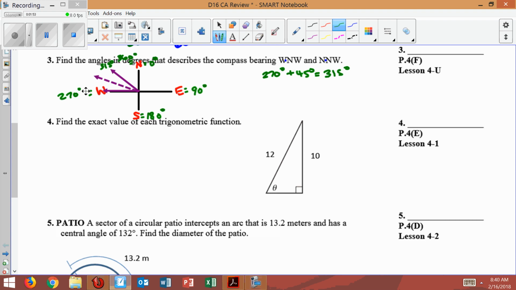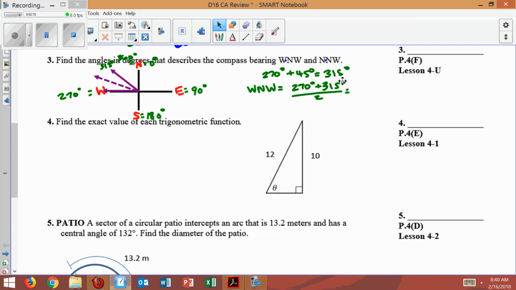So this number is in between those two. So my actual answer for west, northwest will equal 270 plus 315 divided by 2. We could type this in the calculator, but all I'm doing is averaging these two solid purple lines to find out what we get.